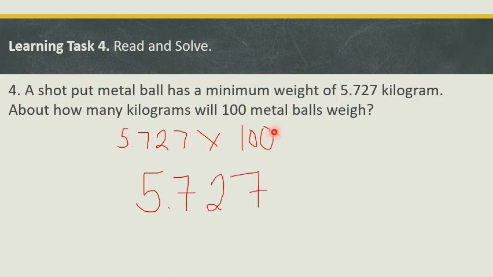Okay, so since ang 100 ay 2 zeros, mag-move tayo sa kanan ng dalawang beses. So, 1, 2. So dito na natin ilalagay yung ating decimal point. So burahin na natin yung nandito. So yan yung ating magiging answer. So ito ay kilograms. So ang answer po natin ay 572 and 7/10 kilograms.